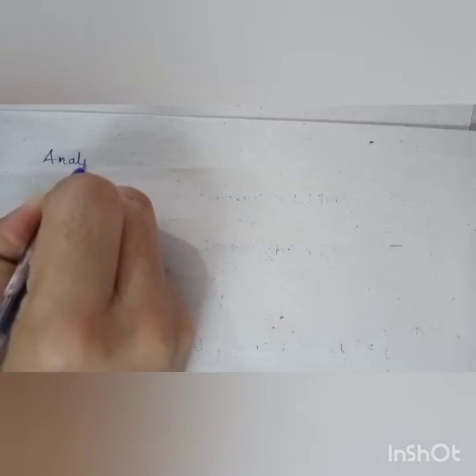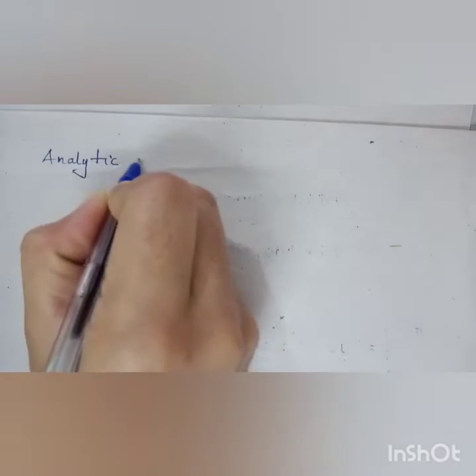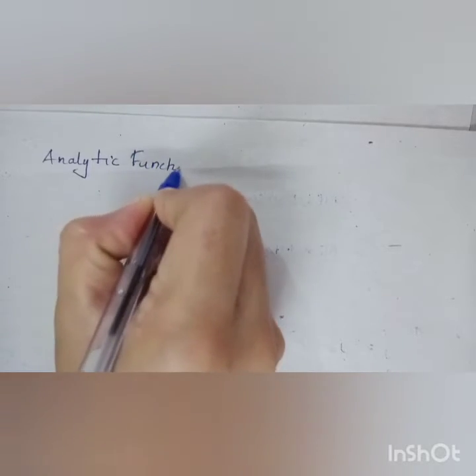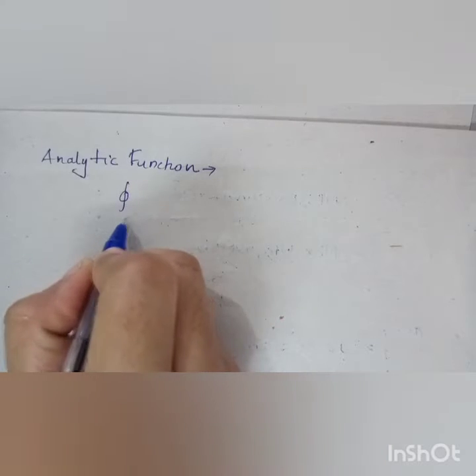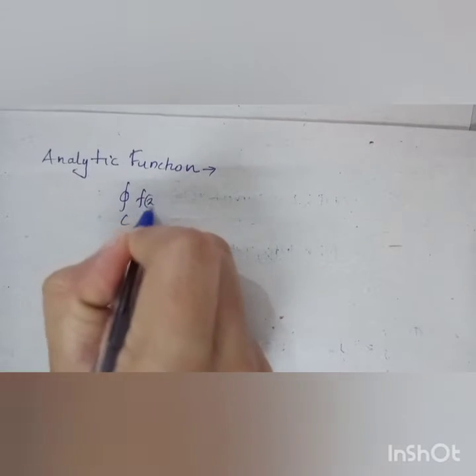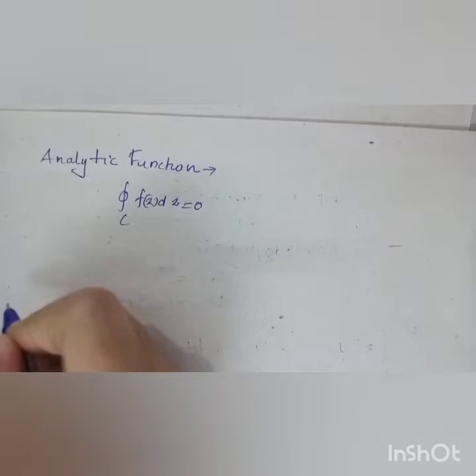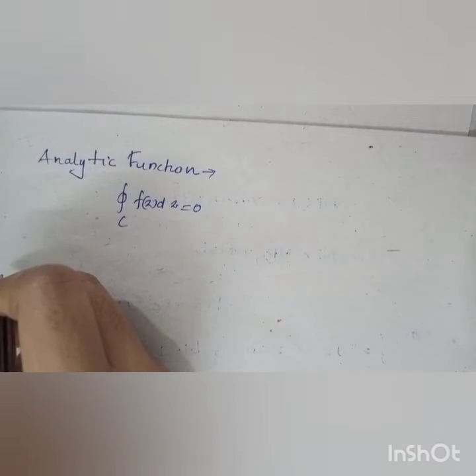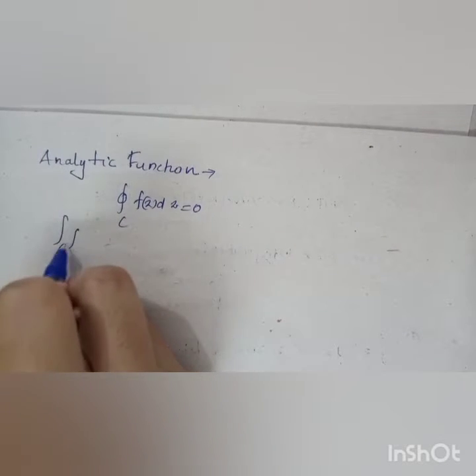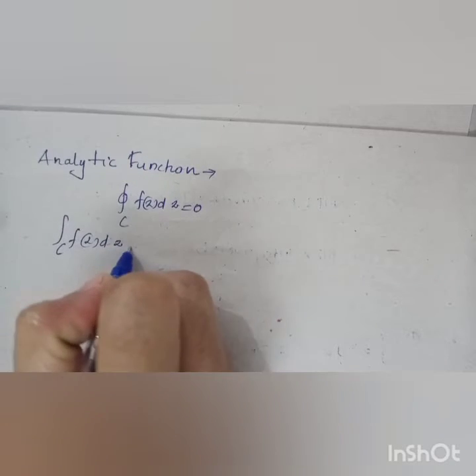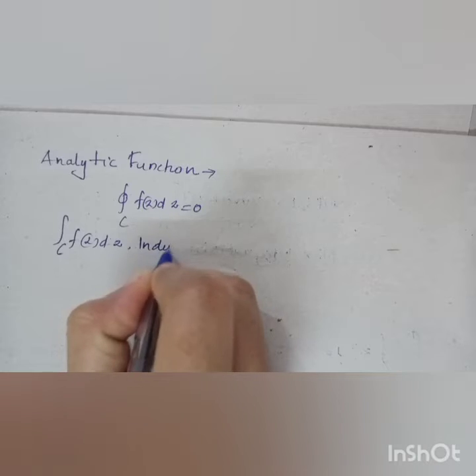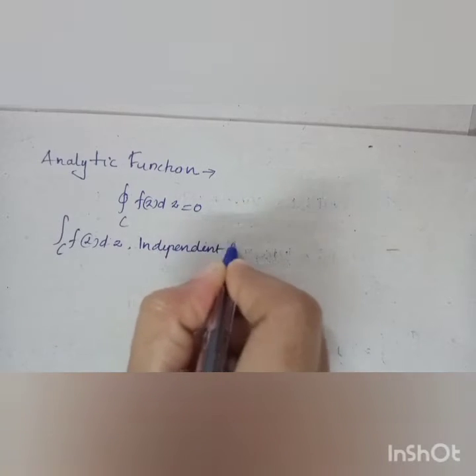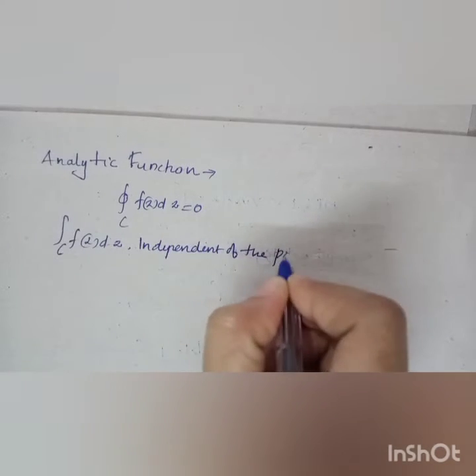And next, when we think about an analytic function, for an analytic function, closed integral c f of z dz is equal to 0. That means the integral over c f of z dz is independent of the path followed.